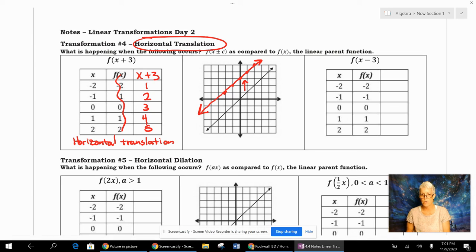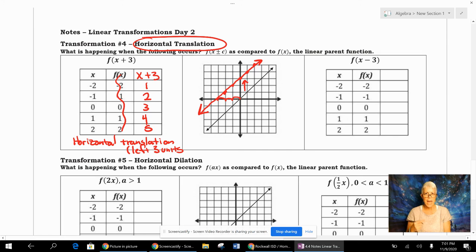This is one of the rare times I wish I could turn it around, because if I turned this around, you would see this vertical axis as a horizontal axis, and it's going to the left 3 units.